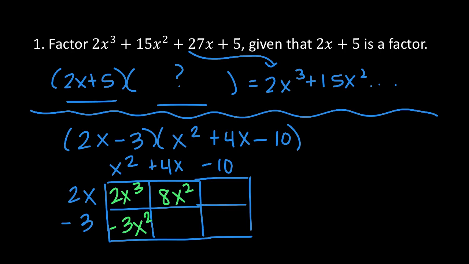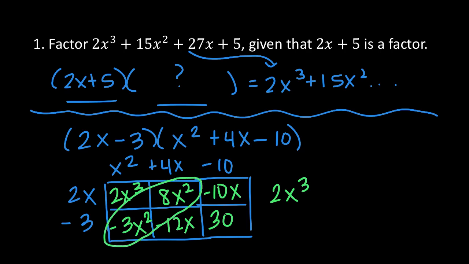And this just helps us so we don't miss any terms, and it helps us combine like terms at the end. So we would have 2x cubed, because that's the only cubed term. It's really important to notice that the like terms, when we use this model, are diagonal to each other.